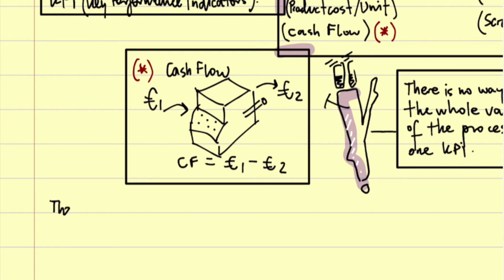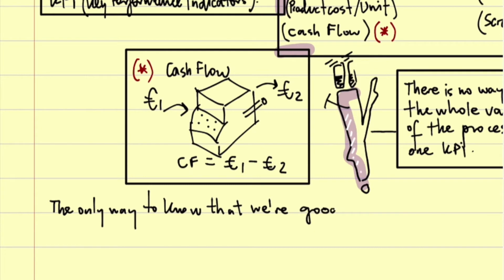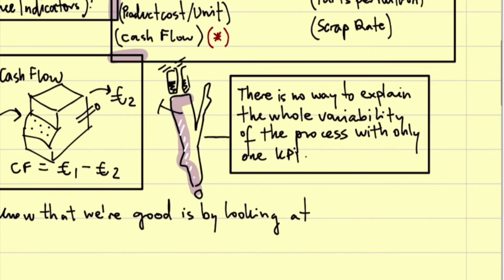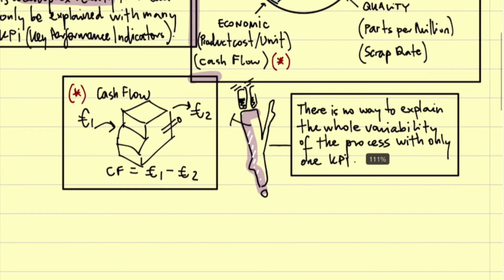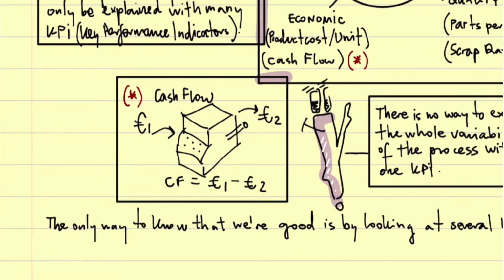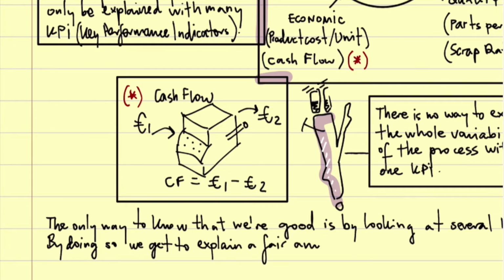The only way to know that we're good is by looking at several KPIs, and by doing so we get to explain a fair amount of variability. Okay.